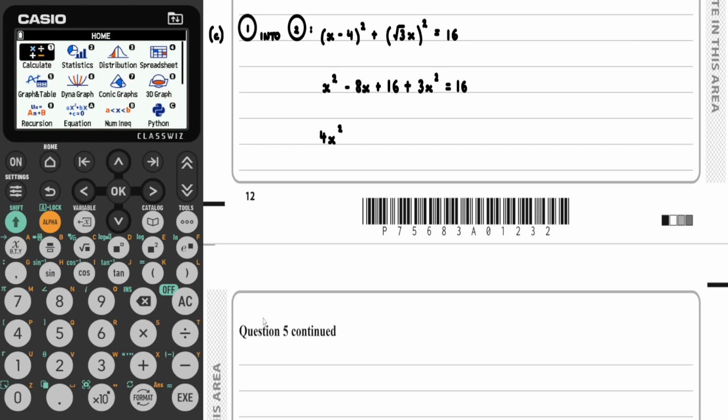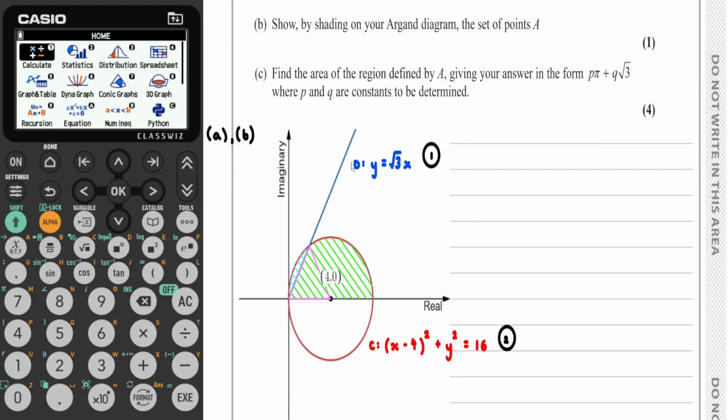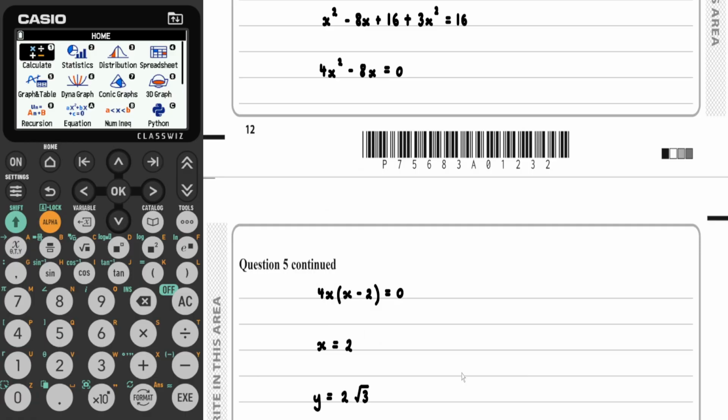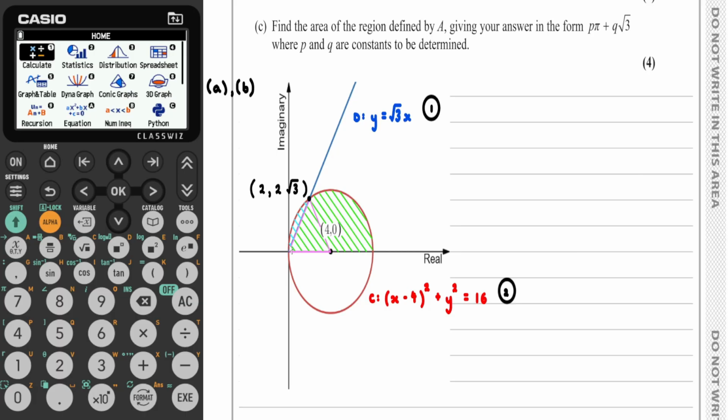And so we would have 4x squared subtract 8x equals 0. So we have 4x times x subtract 2 equals 0, meaning x is equal to 2. Now that we know x is equal to 2, we can sub this back into equation 1 to find out what the corresponding y is. And that will be 2 root 3. So the point of intersection between the line and the circle is 2, 2 root 3.